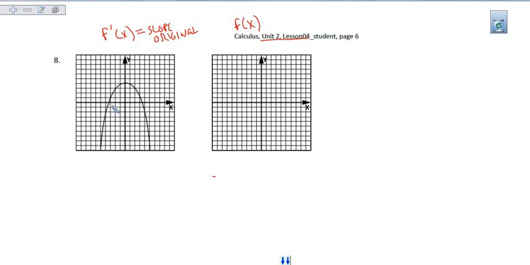The derivative of the original function is equal to 0 here at negative 1, 2, looks like negative 3, a little bit past 3 maybe. So somewhere over here at negative 1, 2, and 3, we're going to have a slope equal to 0.